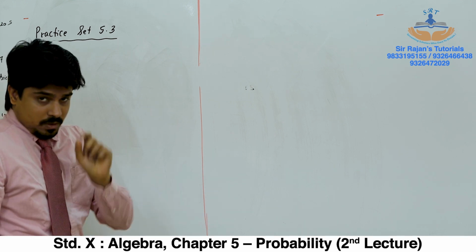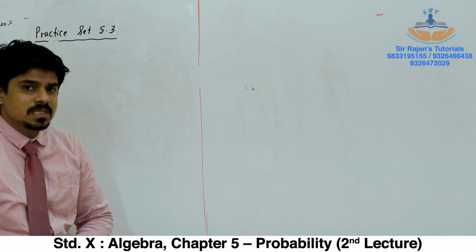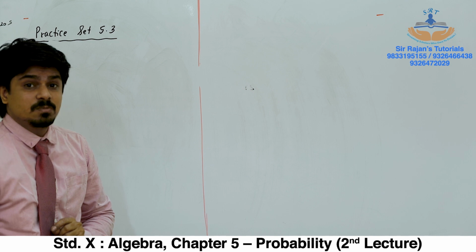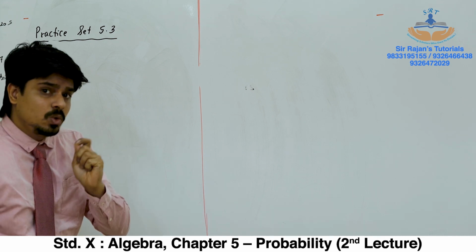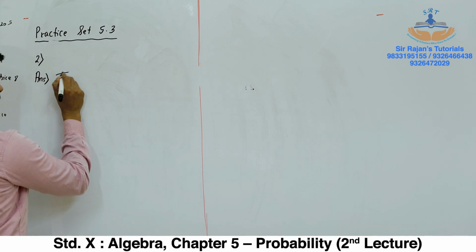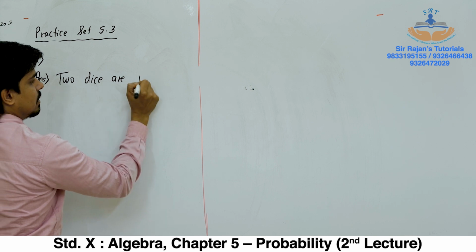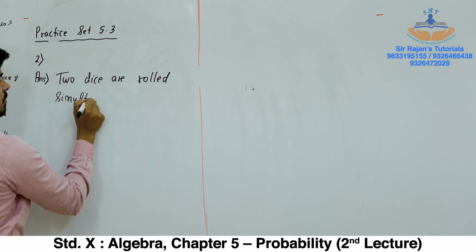Now whenever any question is given in this particular chapter, जब भी sample space लिखने का रहता है, first thing you have to write your random experiment. What is your random experiment that they are talking about? 2 dice are rolled simultaneously. तो write that 2 dice are rolled simultaneously.